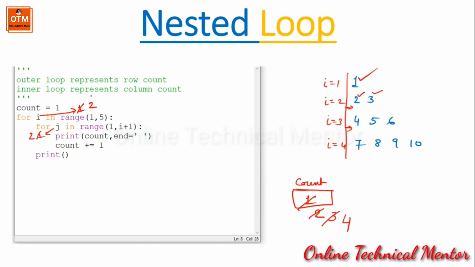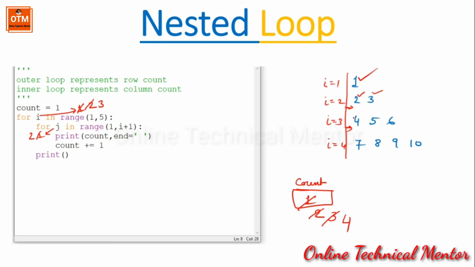Then the program will proceed for i equal to 3. For i equal to 3, j will run from 1 up to 3. So j will be executed for j equal to 1, j equal to 2, and j equal to 3. For the 3 values of j, count will be printed 3 times, and it will keep on incrementing the value of count.